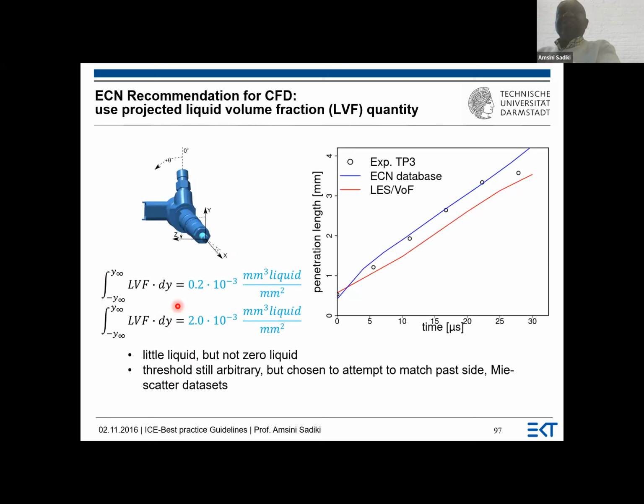After, if all quantity is less than this, I can say that there is no spray, and I can then define my penetration length. So we see that the threshold is arbitrary, but we can choose it to attempt to match some experimental data.